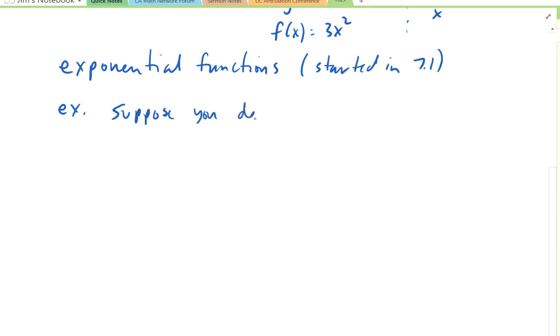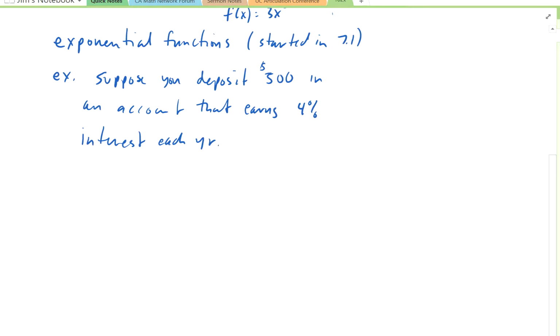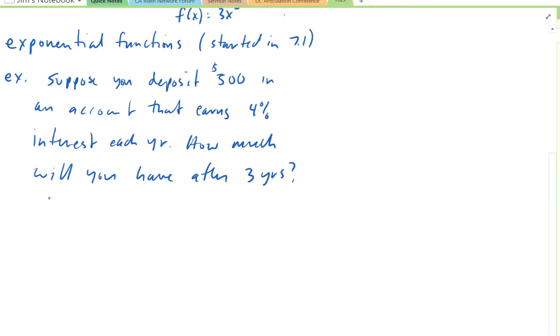Suppose you deposit $500 in an account that earns 4% interest each year. How much will you have after 2 years?